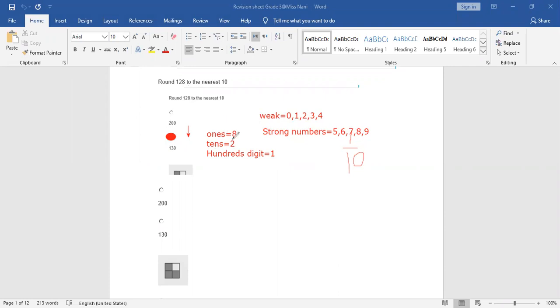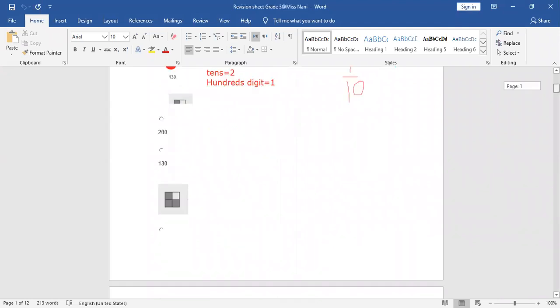So 8 is going to give the 2 a push. So 2 plus 1 equals 3. The 8 will go back home and bring back 0. So my answer is 130. Excellent. Let's complete.